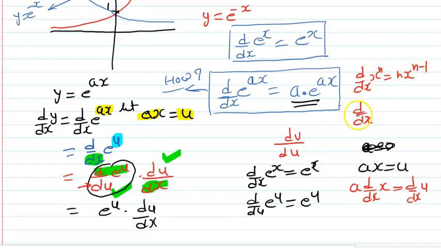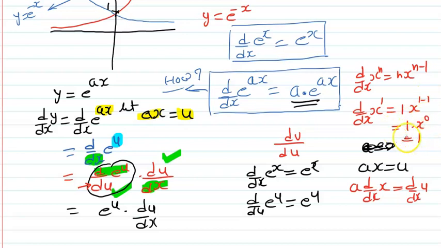When it is only x, the power is 1. So 1 comes forward, x to the power 1 minus 1, and 1 minus 1 is 0. So 1 times x to the power 0, and x to the power 0 is 1. So we got d over dx of x is 1. So 1 times a, that is a. Is that okay?